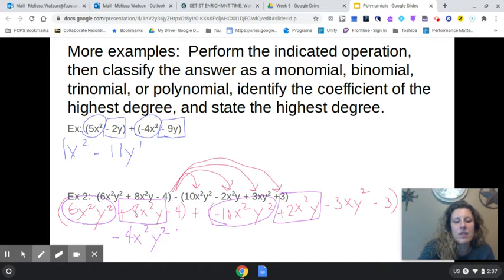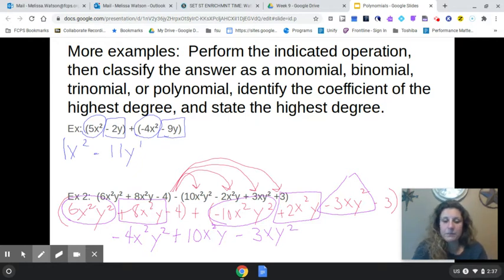So that is going to give me 10x squared y. Picking out the next set of like terms, I see a singleton, negative 3xy squared. I'm just going to bring that down because it does not have a like term in that first polynomial to go with it. And then we have the constant terms. So we have negative 4, and we're adding on negative 3. So that's going to give me negative 7.